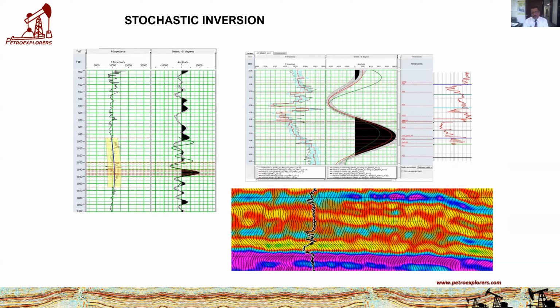So there would be many models which could lead to these traces. Again, this is post-stack only. So the many models which would lead to the various traces can then predict that model, each model representing a trace which is close enough.